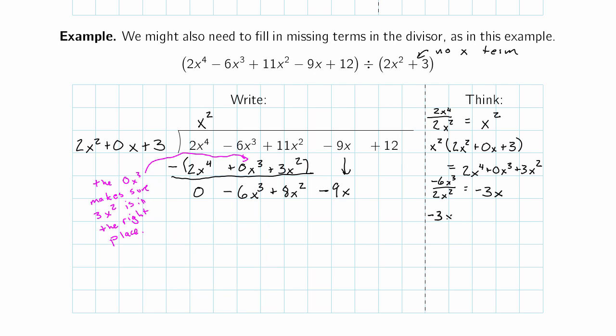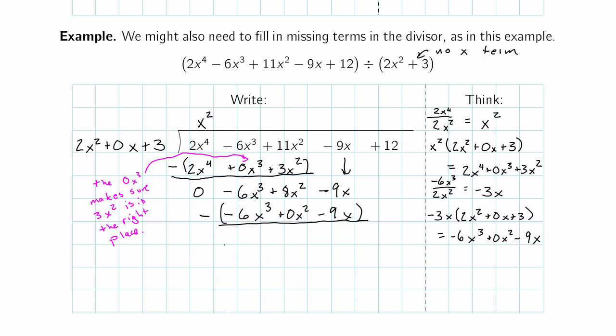Multiply negative 3x times 2x squared plus 0x plus 3 is negative 6x to the 3rd plus 0x squared minus 9x.